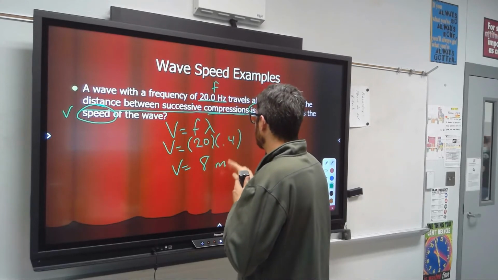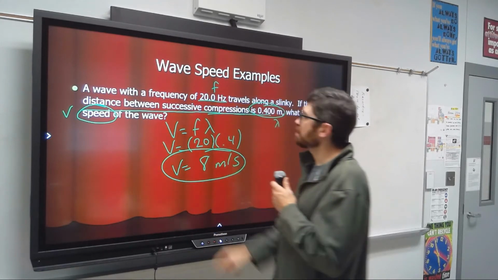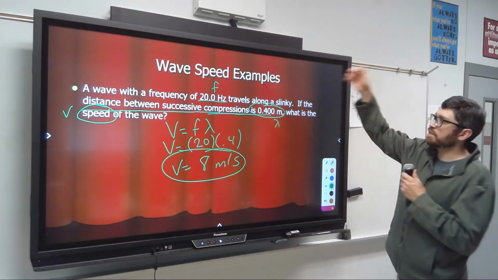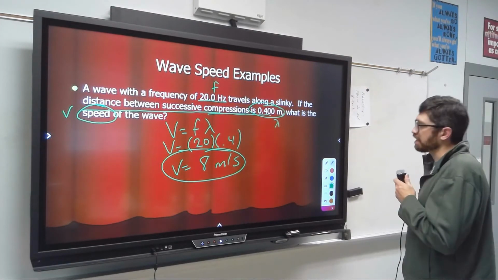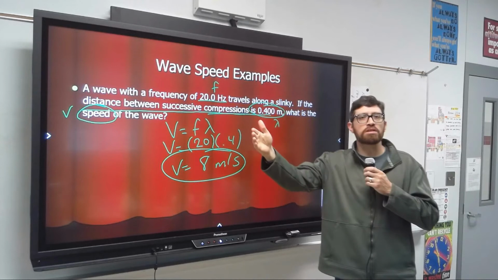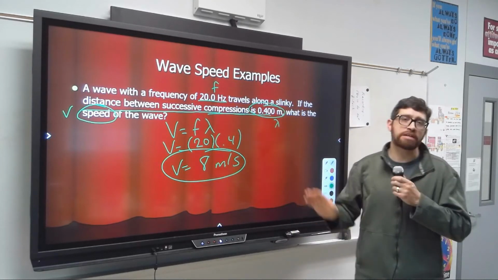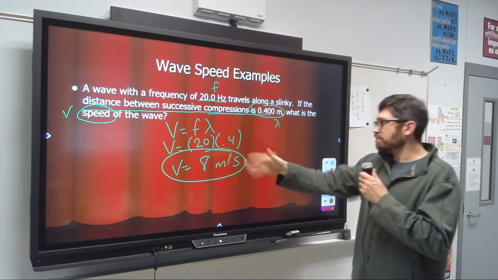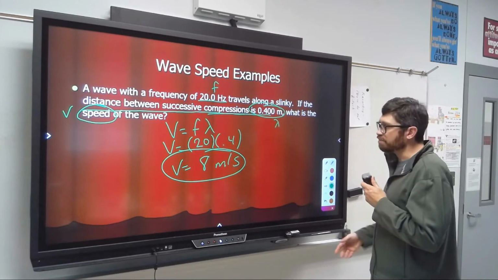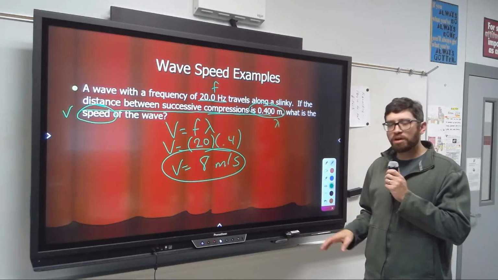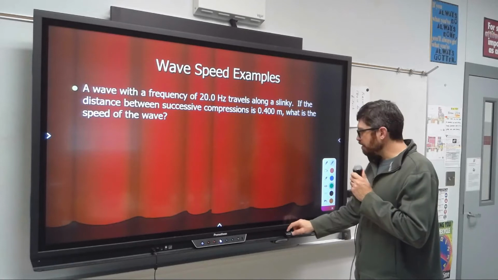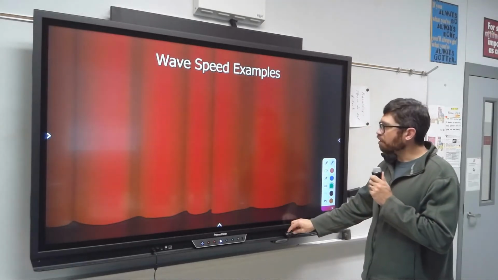So 8 meters per second is the speed based on the frequency and the wavelength. That's how fast this wave is moving. The slinky itself isn't moving, remember, it doesn't carry matter, but the slinky wave is moving at a speed of 8 meters per second.